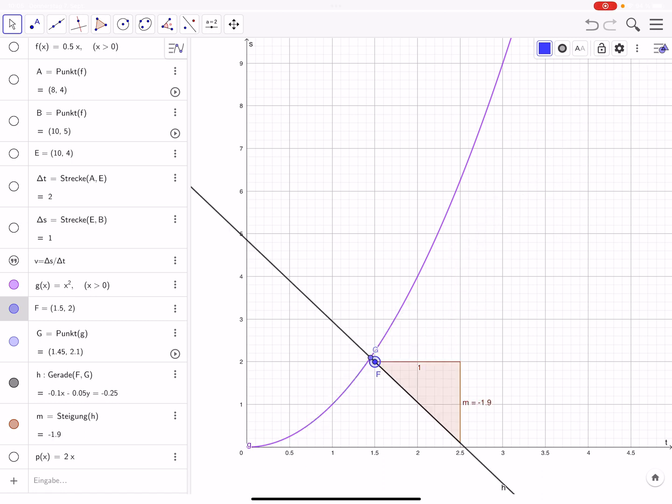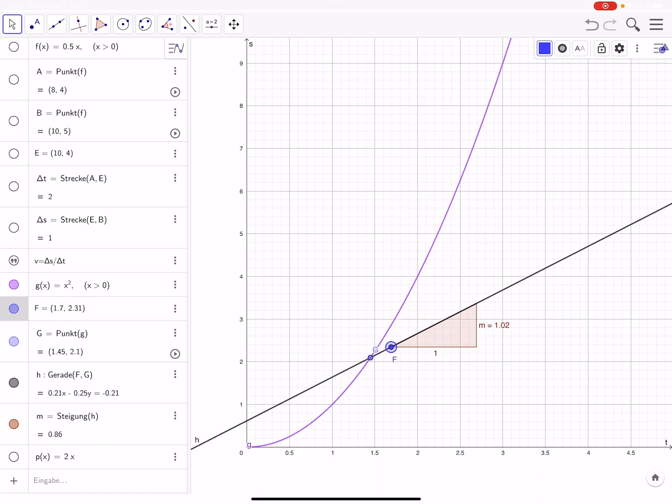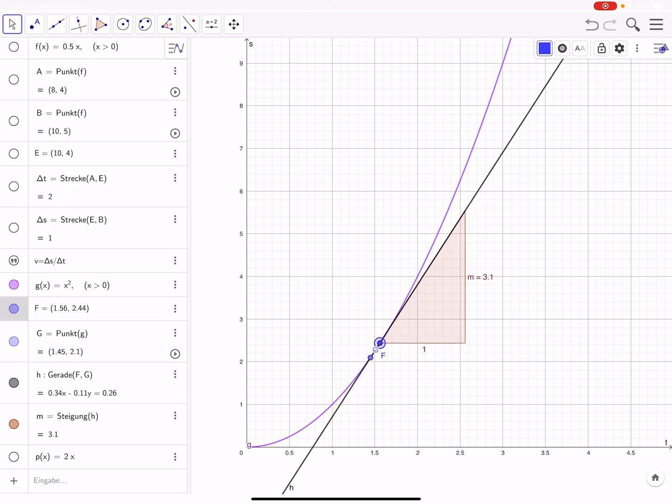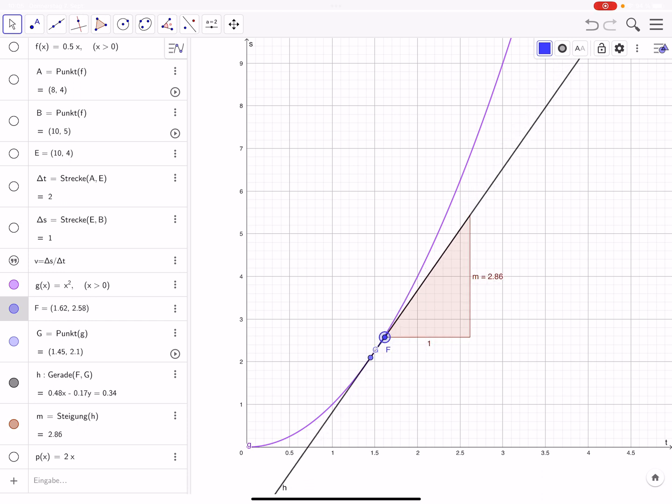See here already, point F is not on the graph every time. So if we did this for all the points on the parabola and we indicate them in our coordinate system, we would get this line.